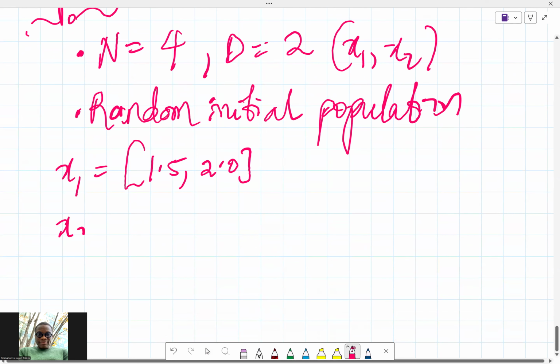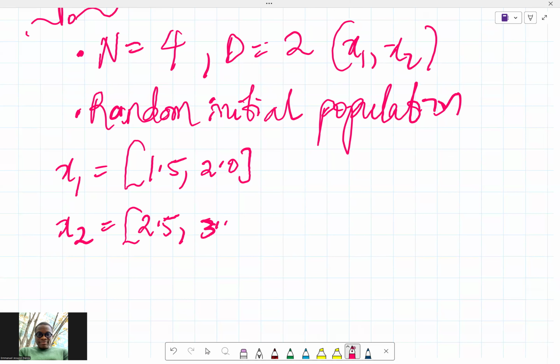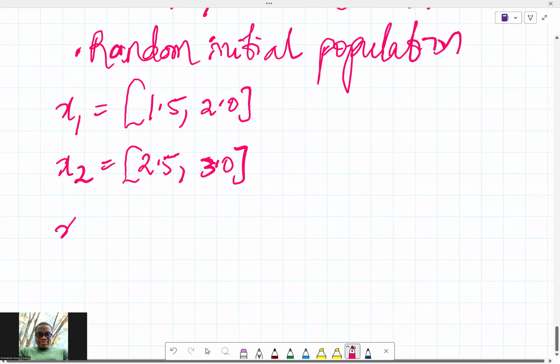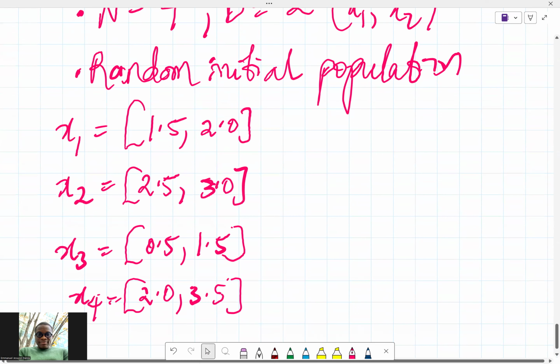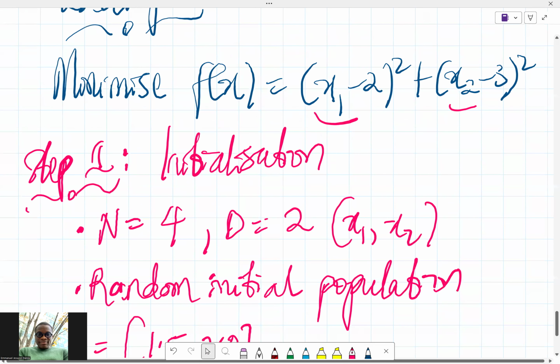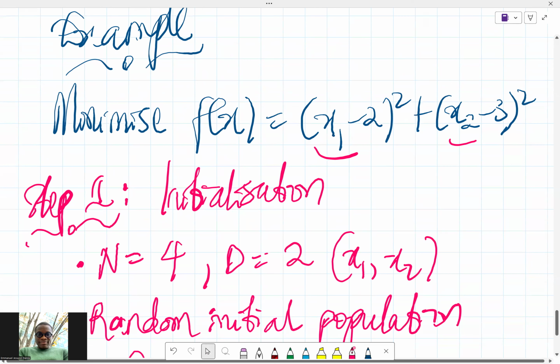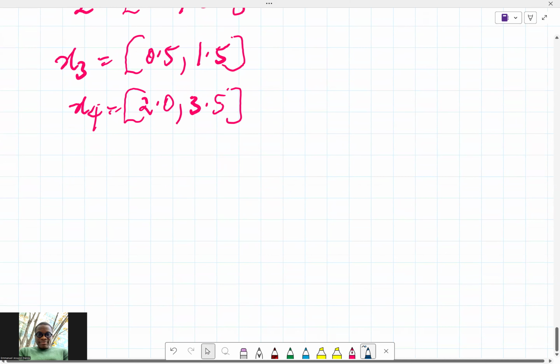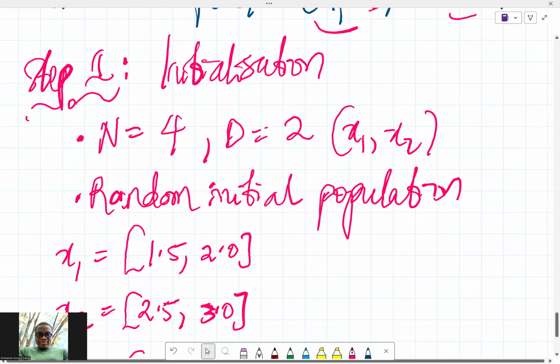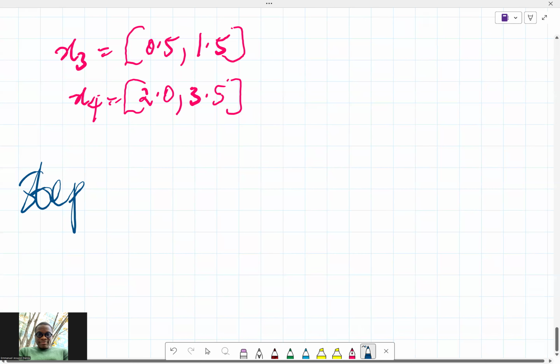Then x2 is 2.5, 3.0. Then x3 is 0.5, 1.5. And then x4 is 2.0, 3.5. You discover that all these values are hovering around 2 and 3. Okay. So with that in place, we go for step 2, where we begin to talk about mutation.